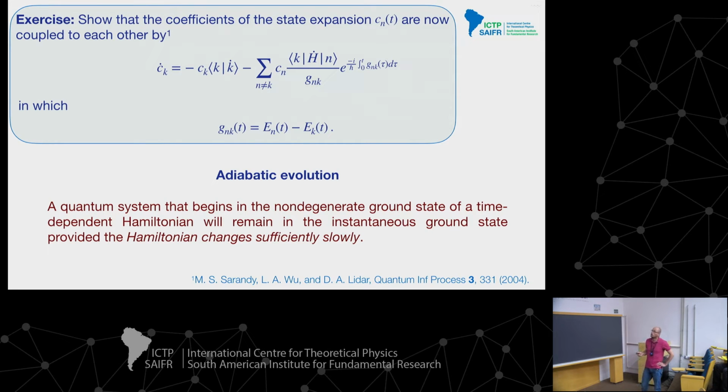Okay. What's the idea of adiabatic evolution? Let's see. A quantum system that begins in the non-degenerate ground state of a time-dependent Hamiltonian will remain in the instantaneous ground state, provided the Hamiltonian changes sufficiently slowly. That's the key word, sufficiently slowly. But compared to what?